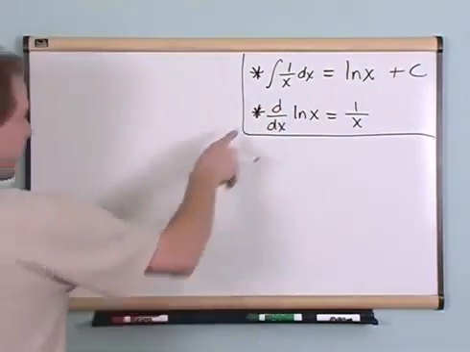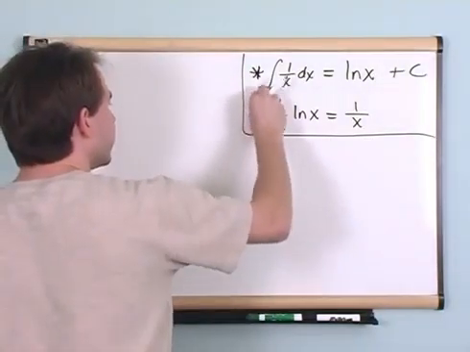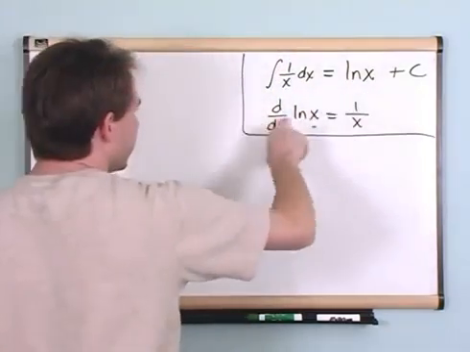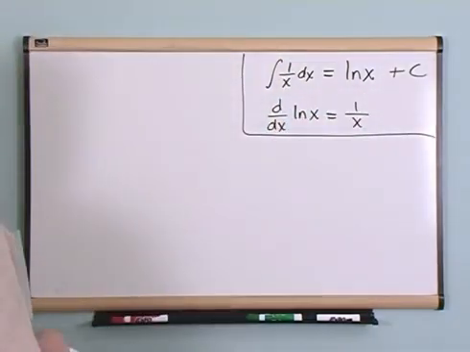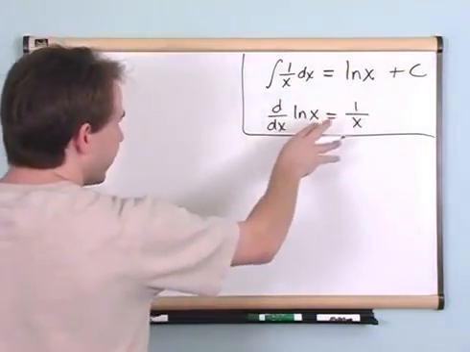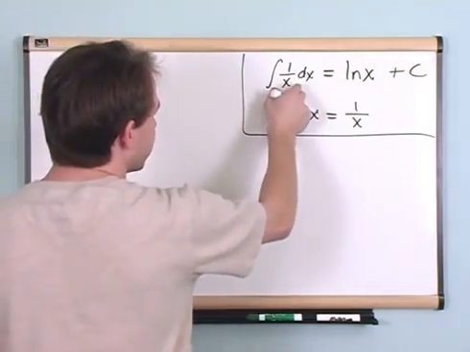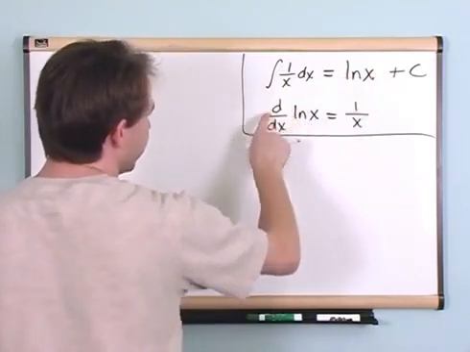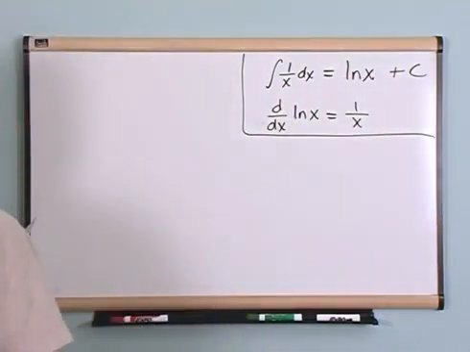Now I've got a couple of asterisks here, but I'm going to go ahead and erase those for now, just so no one gets confused, and so that we all know that this is what we need to know here. And just convince yourself that this is true. Because the integral of this is this, that means the derivative of this must be this, and that's the only thing we're writing down here.